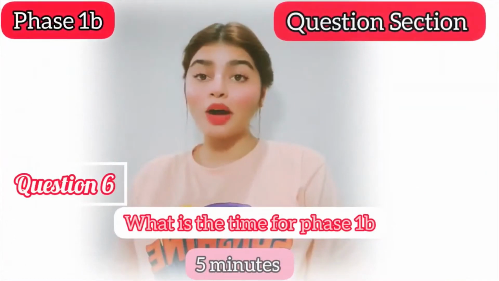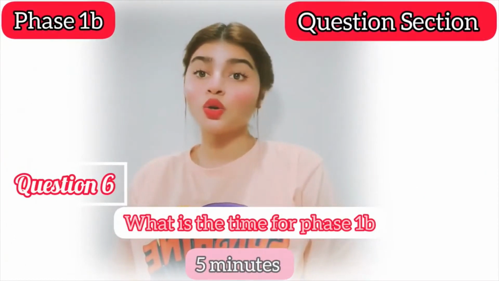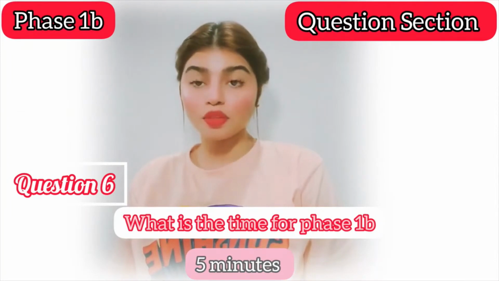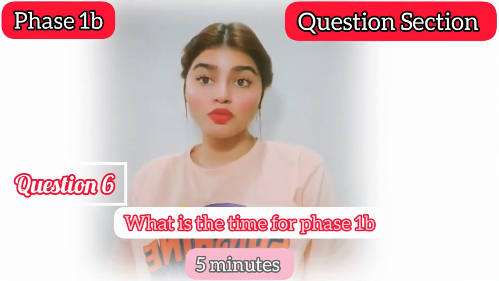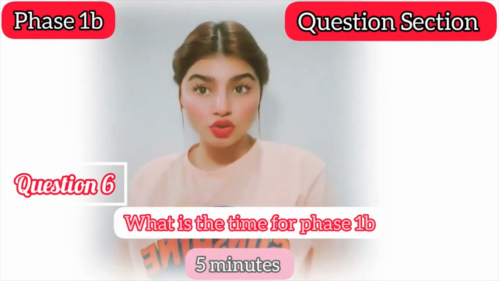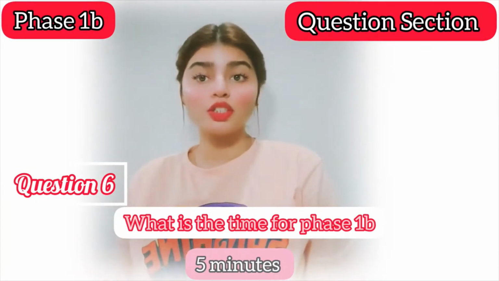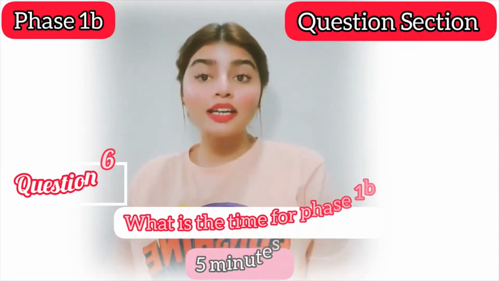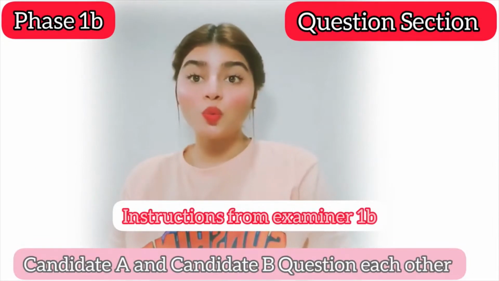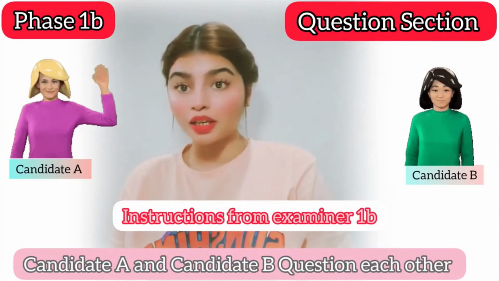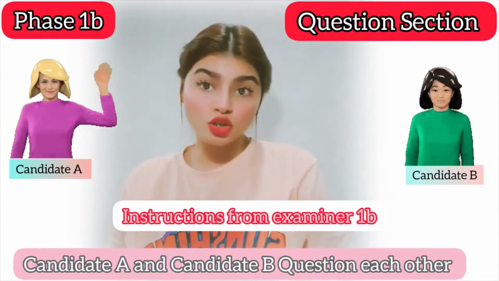Now, let's talk about Phase 1B. This section I call the question section. The time for this section is 5 minutes. The examiner will ask candidate A and B to question each other.